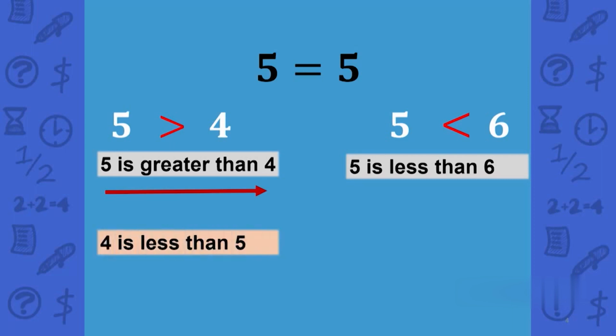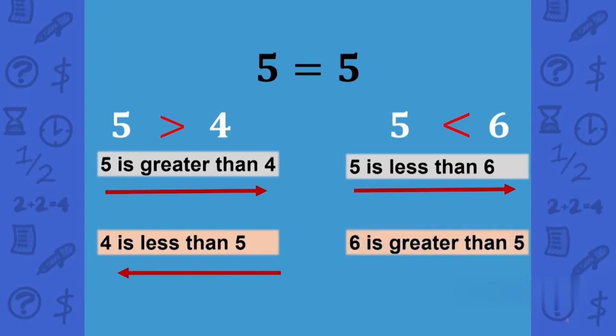Then 4 is less than 5. Look at the right side of this slide. 5 is less than 6. This is left to right. Now you can read right to left. How? Can you guess? Yes, starting from 6. 6 is greater than 5. Now you know how to read it.